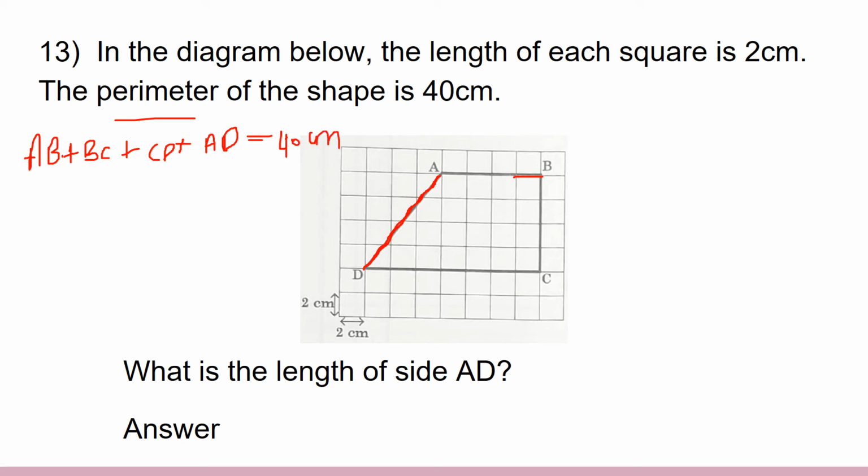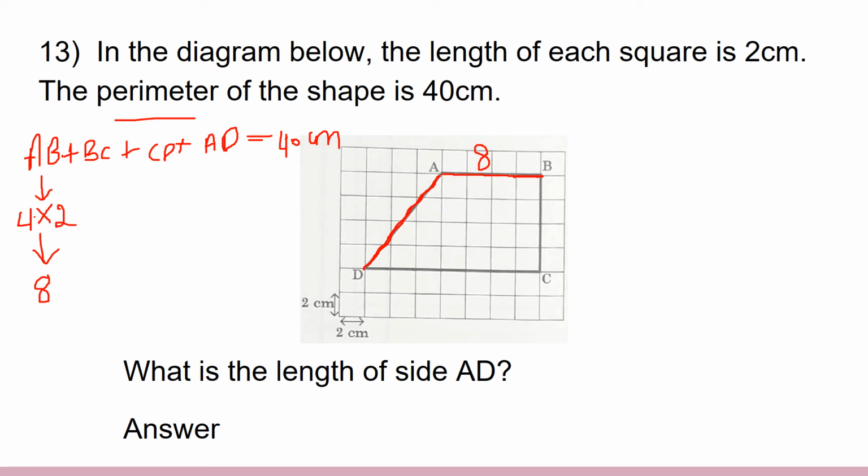Now, AB, how am I going to get the length of AB? AB is going to be, how many squares do I have here? 1, 2, 3, 4. I have a total of 4. And what is the length of each square? The length of each square is 2 centimeters. So I'm going to multiply 4 by 2, which is going to give me the length of AB to be 8. So here is going to be 8.